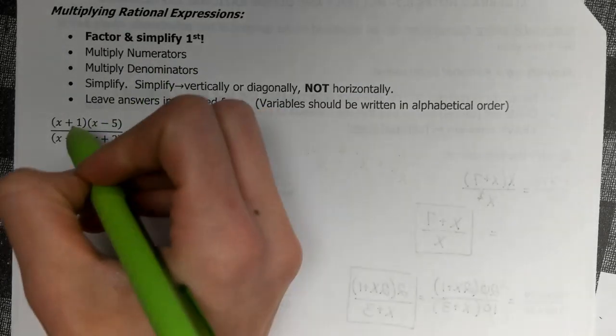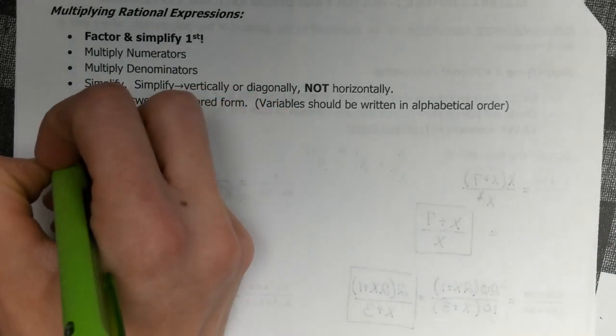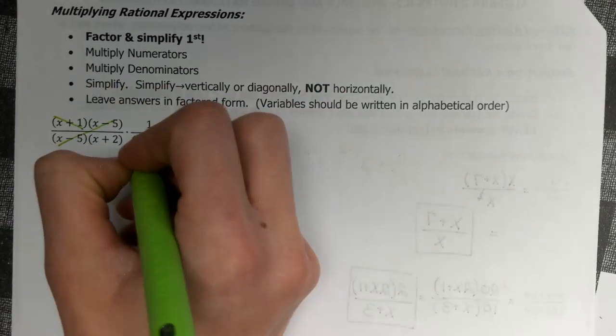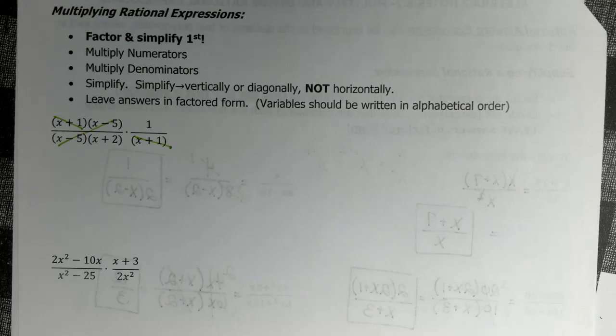Okay? So this first one is already in factored form, so we just need to see what happens with my factors and what I can cross out. Well, I've got an x minus 5 and x minus 5 in the top and bottom, so that can cross out. And then I have an x plus 1 and an x plus 1 in the second fraction. That is my cross simplifying. I can cross those two out because it's top and bottom.